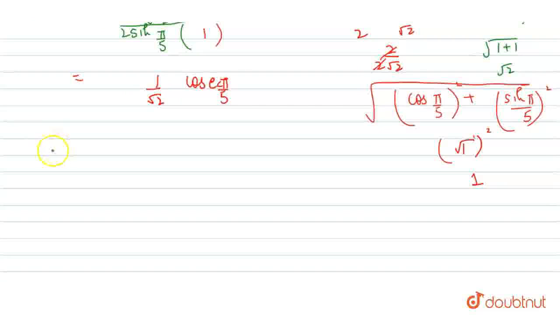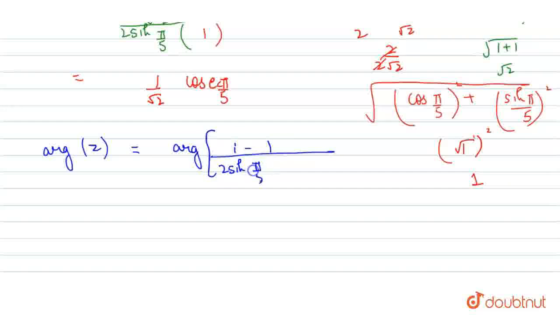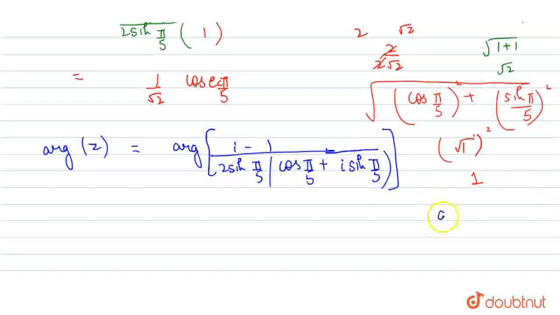Now we find the argument of z. How can we write the argument of z? Argument of iota minus 1 upon 2 sin pi by 5 into cos pi by 5 plus iota sin pi by 5. We can solve this using the formula: argument of z1 by z2 is equal to argument of z1 minus argument of z2.